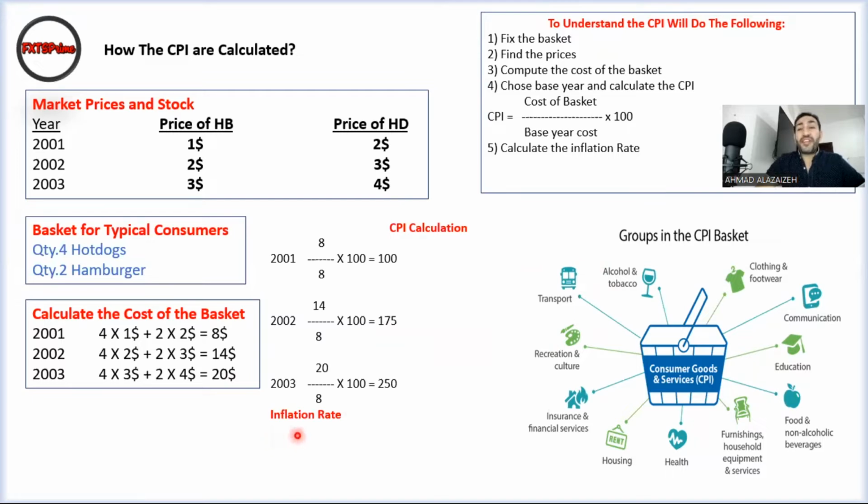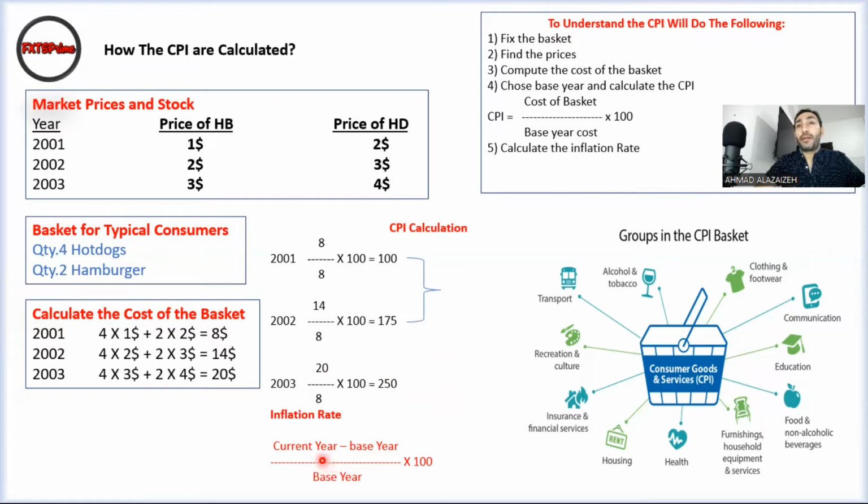We'll do that by calculating the inflation rate, and there is another simple formula for that, which is the current year minus the base year, divided by the base year, multiplied by 100. We call that the inflation rate. So let's calculate this one between 2001 and 2002.